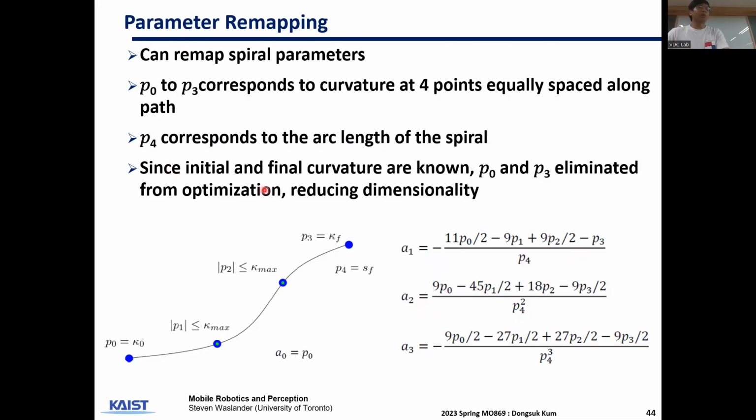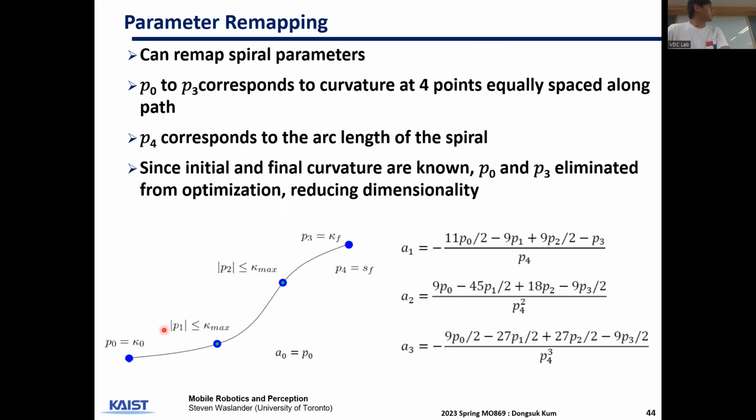You can also perform parameter remapping for spirals. Here we map them into P0 to P4, where P0 to P3 correspond to the curvature at 4 points equally spaced along the path.